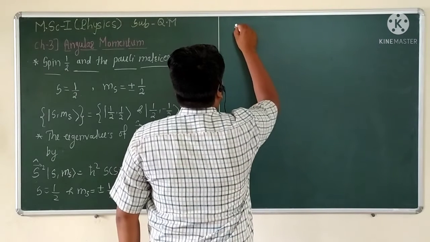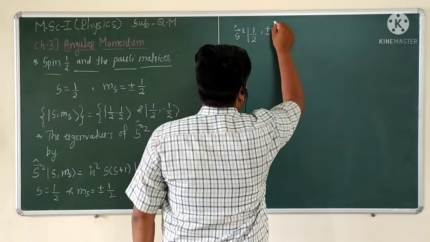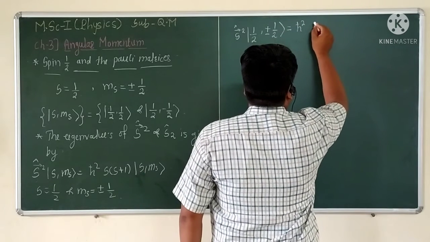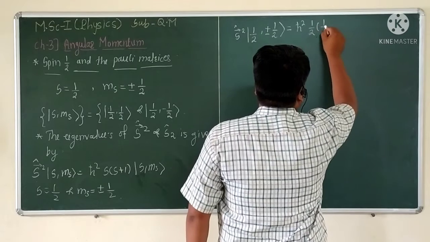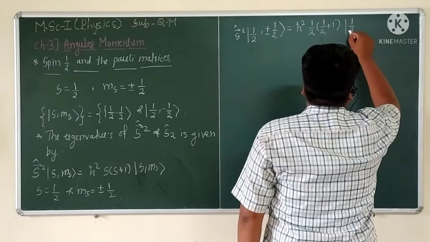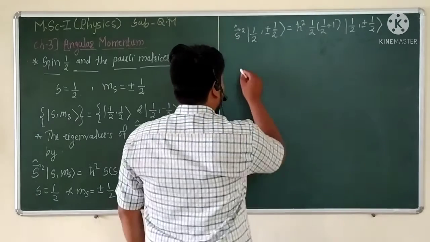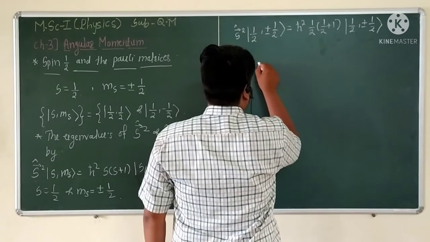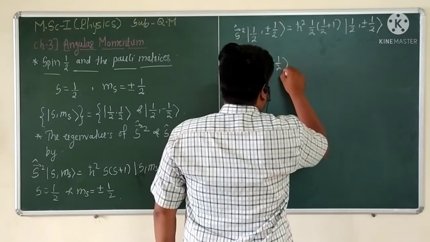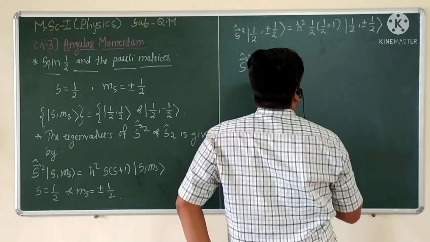If we do this calculation, S cap square for spin half with ms plus or minus half is equal to h cross square, s into s plus 1, that is half into half plus 1, acting on |1/2, plus or minus 1/2>. So the eigenvalue of S cap square is 3 by 2 times a half, that is 3 by 4.